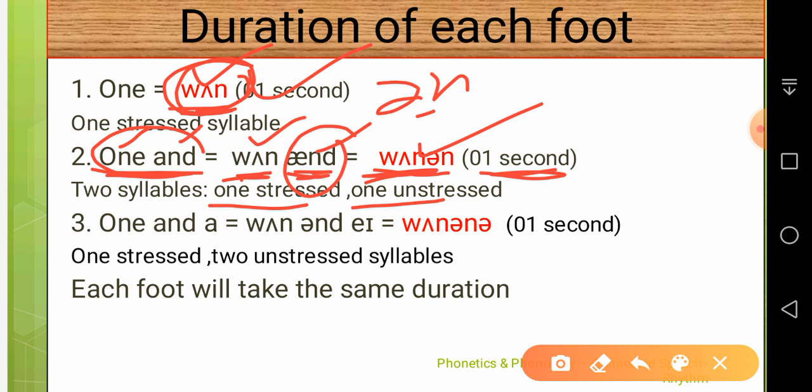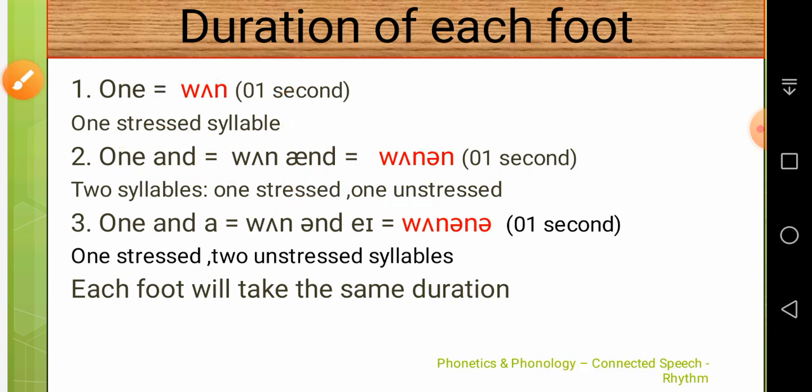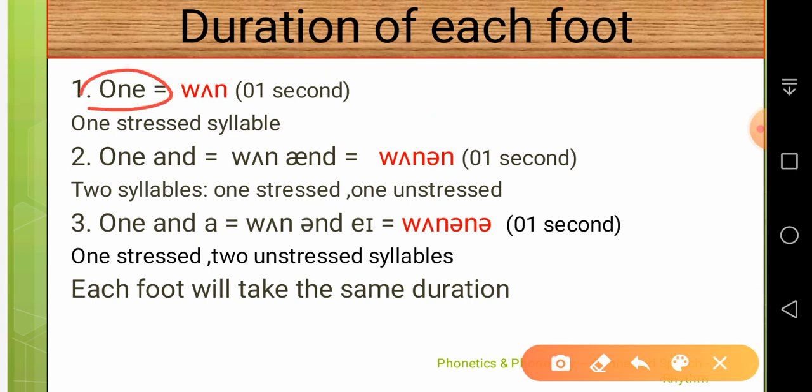Same amount of time. So in order to keep the same amount of time, this weakening of the syllable has been introduced. So native speakers will pronounce this one word and these two words with the same amount of time.